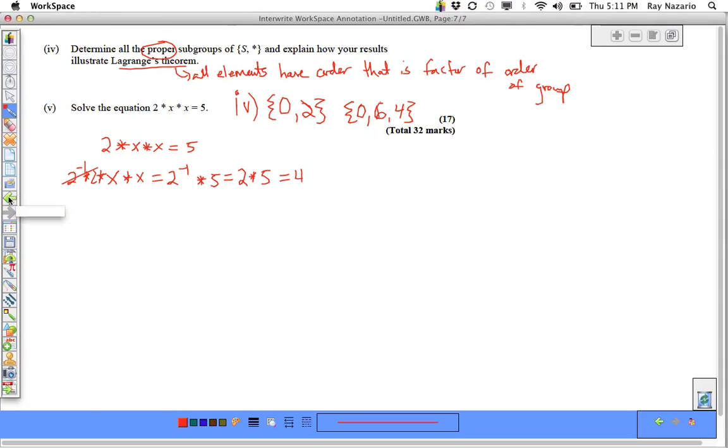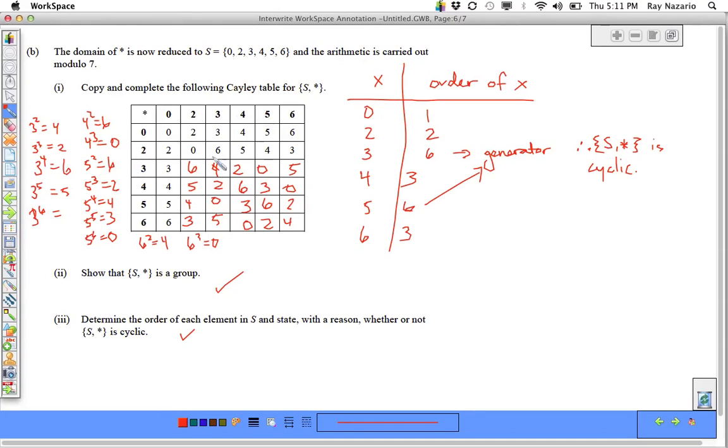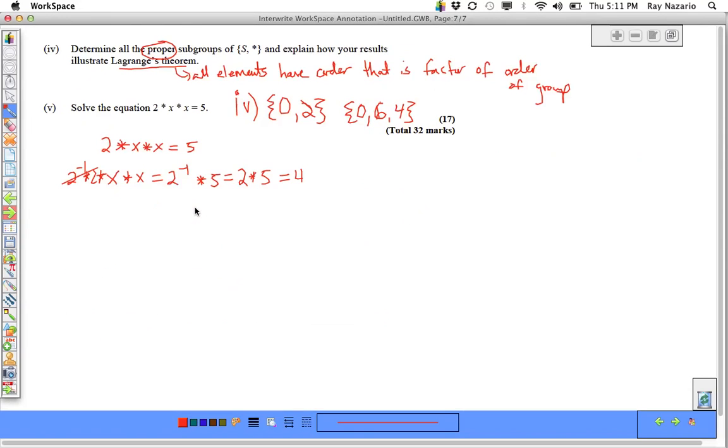Let me just verify that on the Cayley table. Yeah. So I'm really trying to solve the equation x squared equals 4. So x star x, not x squared like normal multiplication. X star x equals 4.